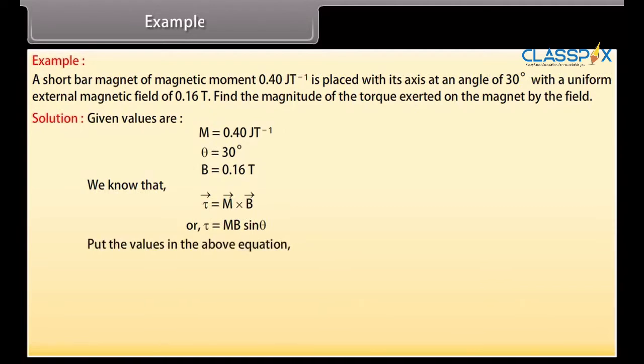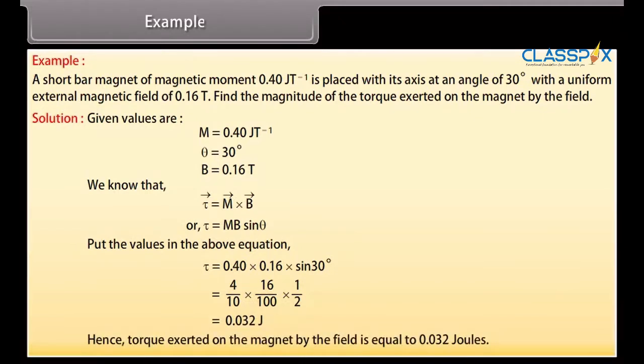Put the values in the above equation. τ is equal to 0.40 into 0.16 into sin 30 degree. On calculating the equation, we get the value of τ, which is equal to 0.032 joules. Hence, torque exerted on the magnet by the field is equal to 0.032 joules.